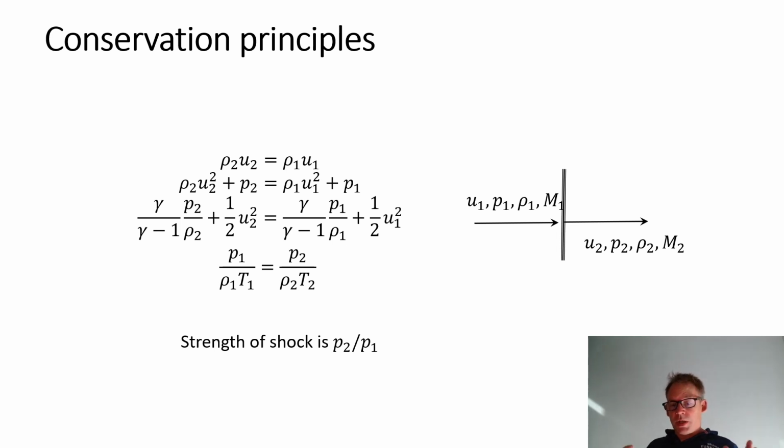Conservation principles in the vector form essentially reduce down to this scalar form, and we've got our conservation of mass, conservation of momentum, conservation of energy.